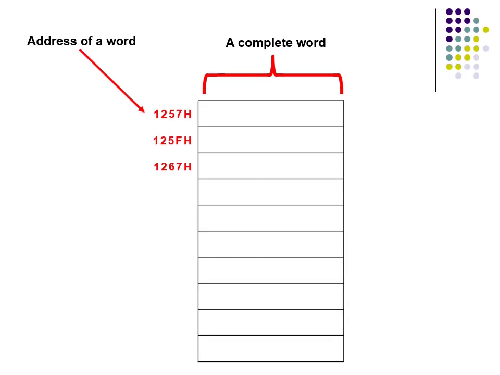Here every row is a word, but addresses are assigned to bytes, and in the first word 1257H is the address of the first byte in that word. 1257, 1258, 1259, 125A, 125B, 125C, 125D and 125E. These byte addresses are there in the first word. In the second word, the addresses are continuous. There are multiple bytes. We have not drawn lines in between. That's it. Try to understand this.